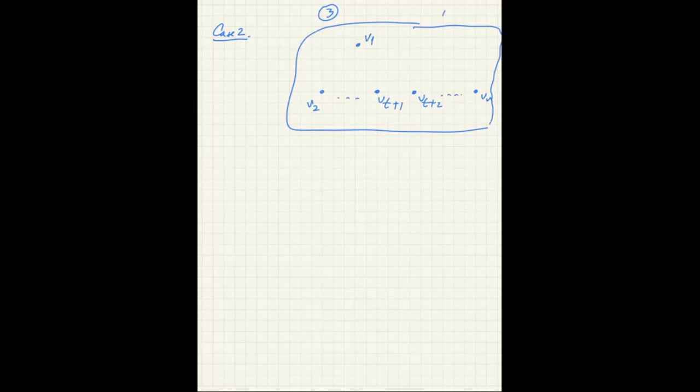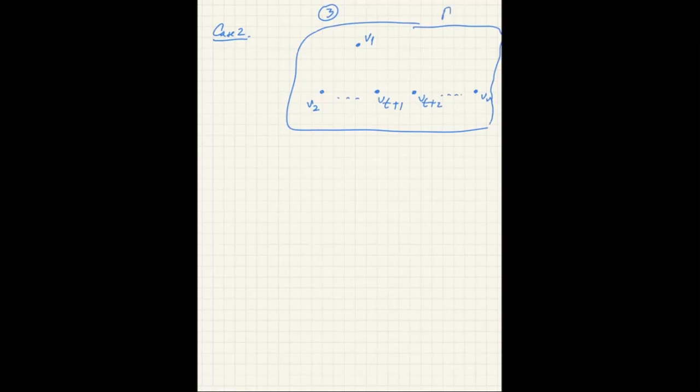Let me draw the picture again here. So we have v1 here. We have v2, v_{t+1}, v_{t+2}, all the way up to vn. And this is the graph gamma.